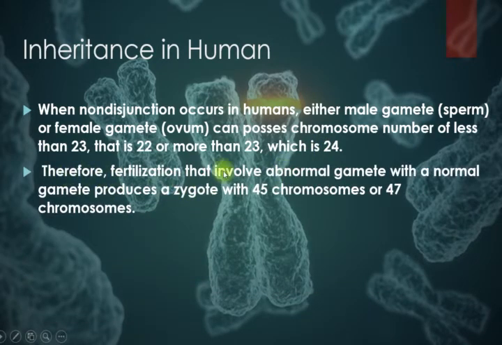Therefore, fertilization that involves an abnormal gamete with a normal gamete produces a zygote with 45 chromosomes or 47 chromosomes.